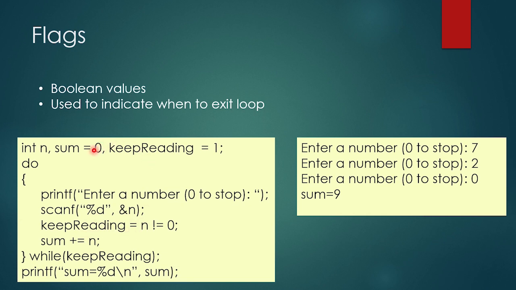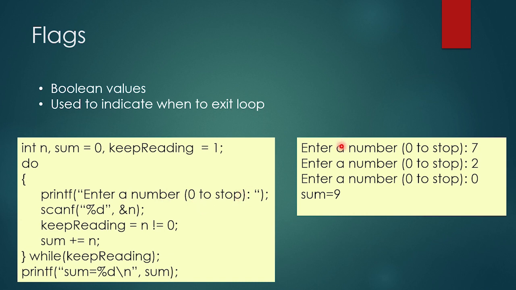I'm going to read some numbers and add them up. I'm going to read them into a variable called n. I'm going to accumulate the sum in a variable called sum. And I'm going to use this keep reading to tell me whether I should keep reading or not. The idea is they give me a bunch of numbers until they type a 0, and then we stop adding them up.